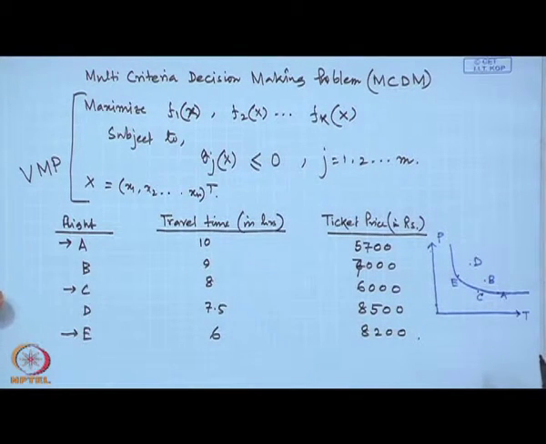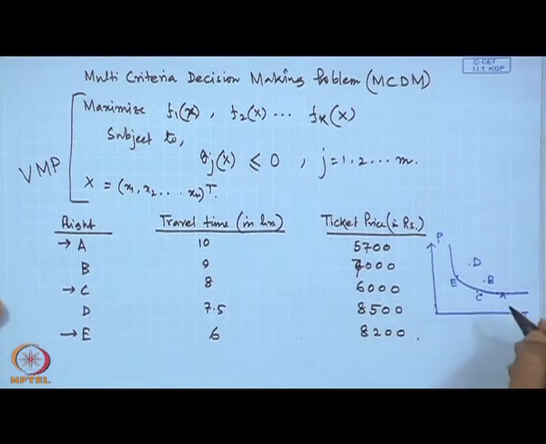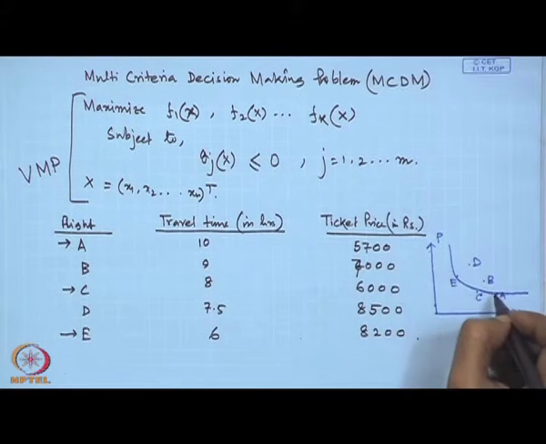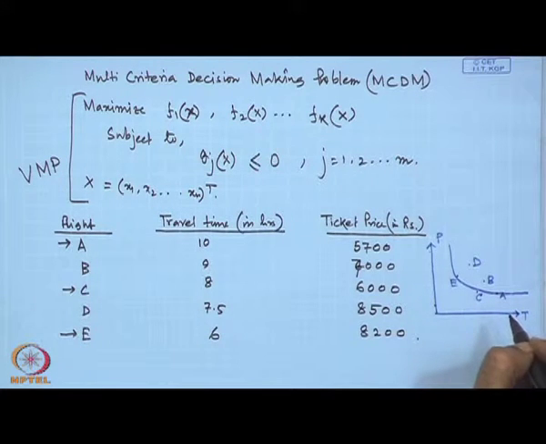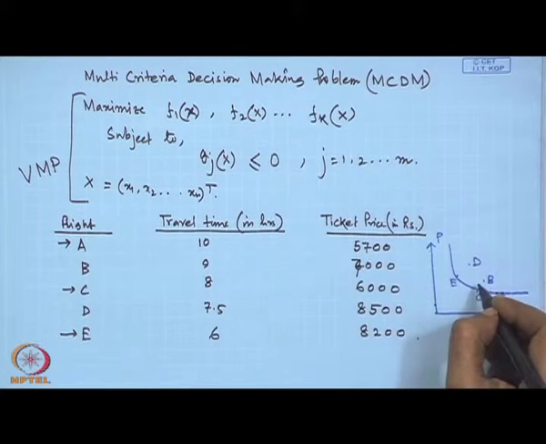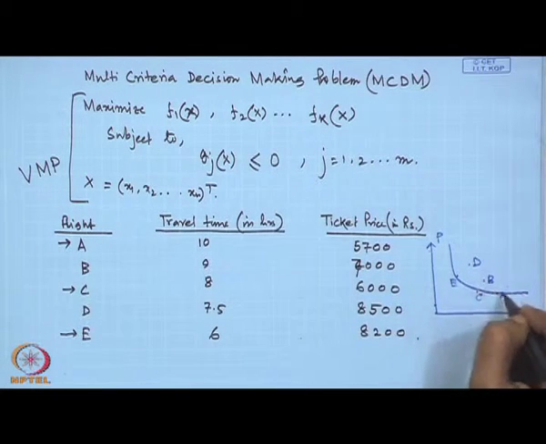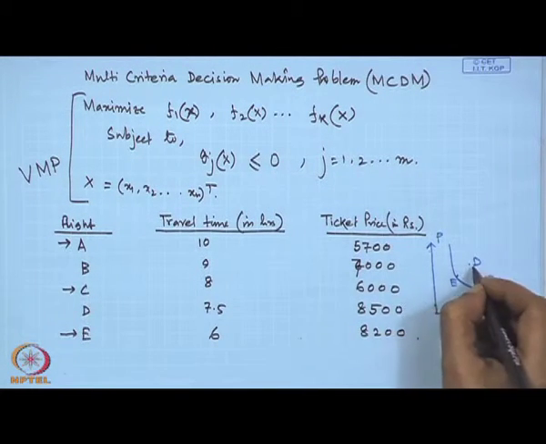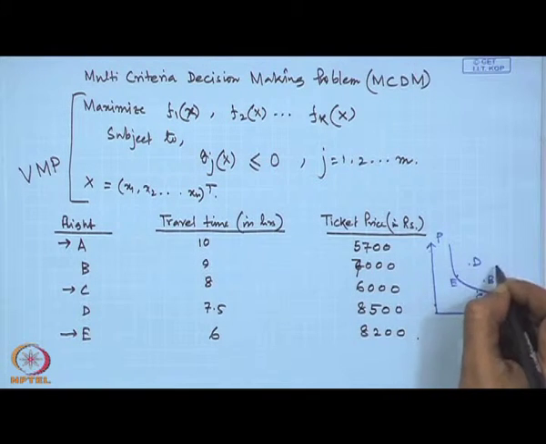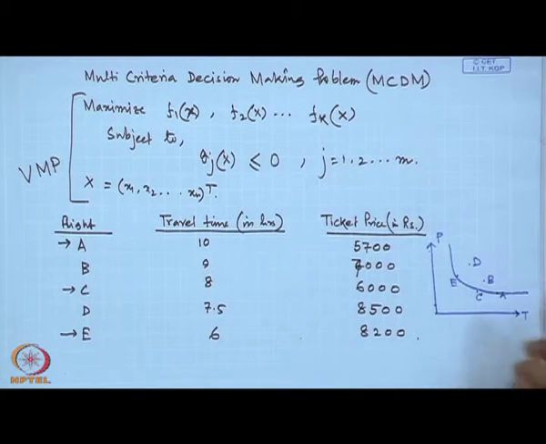That means I want to conclude my discussion for this example this way: the options which are non-inferior to each other all lie on this curve, but the options which are dominated by some other options in the given list are within the feasible space, but they are not on the line.